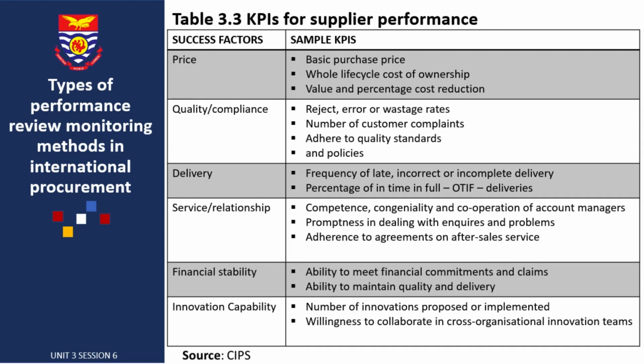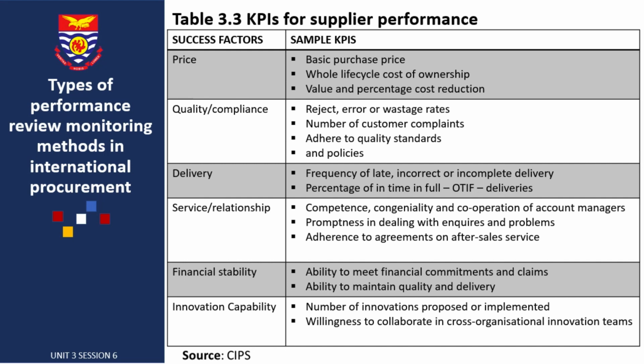So the KPIs for supplier performance have success factors and then sample KPIs. If the success factor is price, we should use the basic purchase price, the whole life cost of ownership, value, and percentage of cost reduction. If all of these elements are in good shape, then we could say the organization is performing in accordance with price.